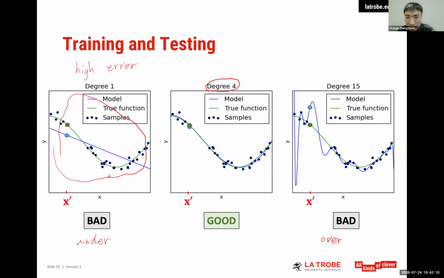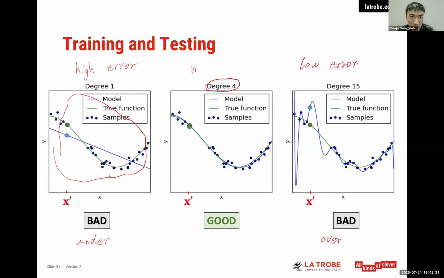So that means the difference between the training data label and the model prediction is very low, and that will result in a very low loss function value. So that also means we will have very low error, right?